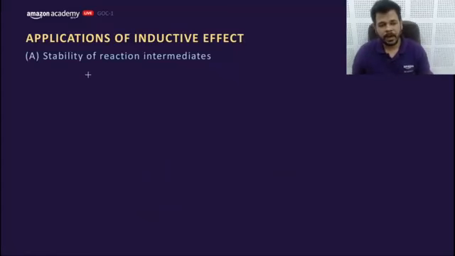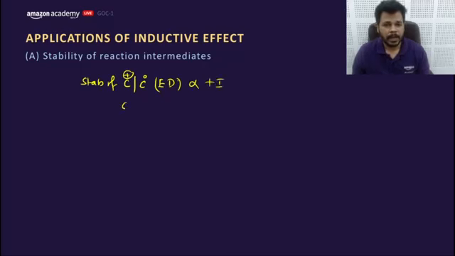Let's move to the next part, stability of reaction intermediates. How to compare the stability of reaction intermediates? Carbocation and carbon free radical are both electron deficient species, so their stability is directly proportional to plus I, and carbanion is directly proportional to what?